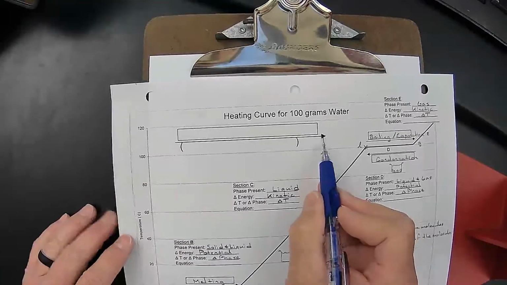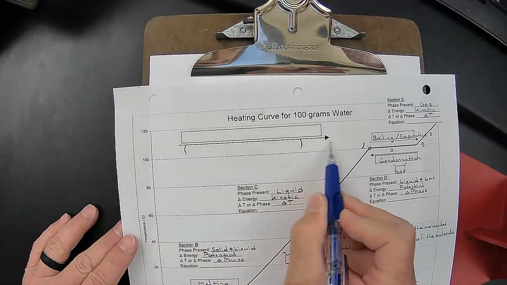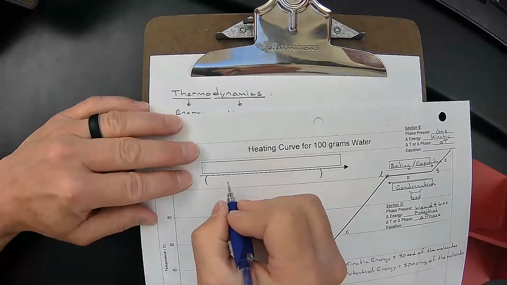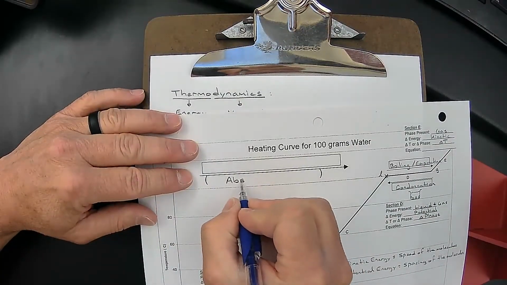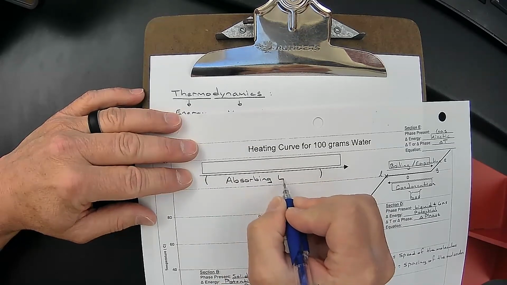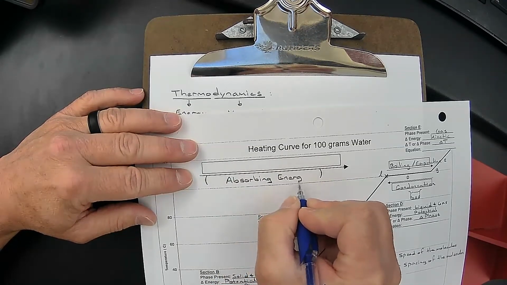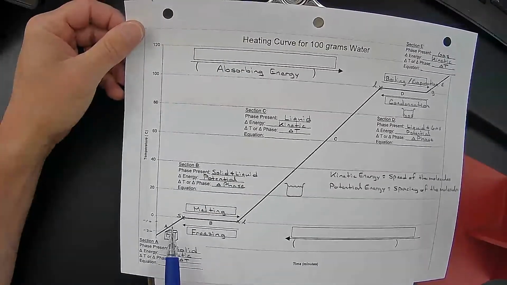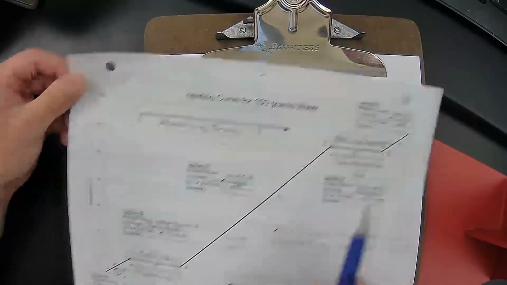Anytime we move from left to right along this curve, we are absorbing energy. We're moving from a lower state of energy to a higher state of energy.